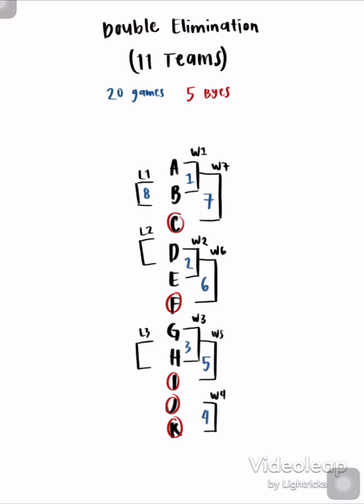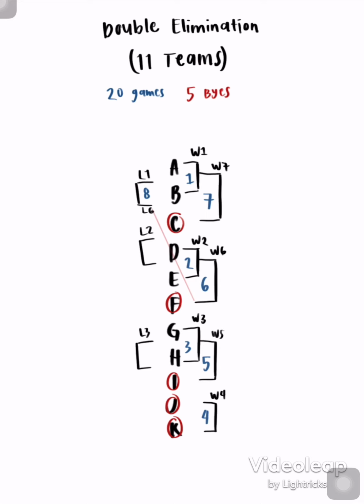So I'm just going to put this here so that we can indicate who will be competing, or we can just label here loser 6.